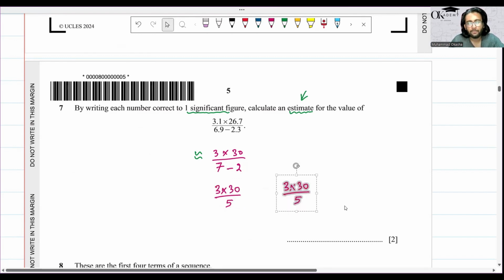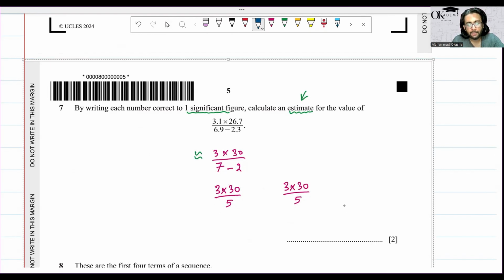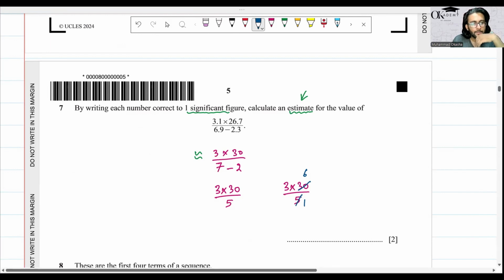So 5 times 1, and 5 times 6 is 30. And 6 times 3 is 18. So your overall answer is 18. 6 times 3 is 18, and that is my answer.